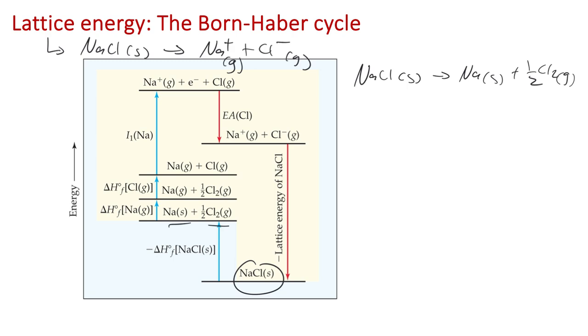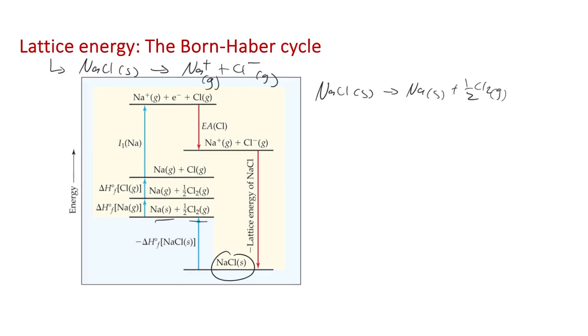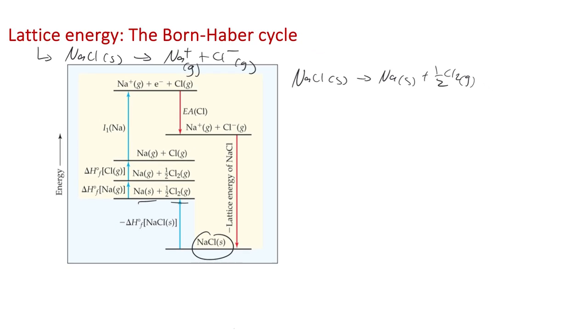This reaction here is the negative of the delta HF equation for sodium chloride. So this is the negative of the delta HF of sodium chloride. And it's negative because we just flipped that formation reaction. So instead of forming the compound, we have it as a reactant forming its elements in their standard states.